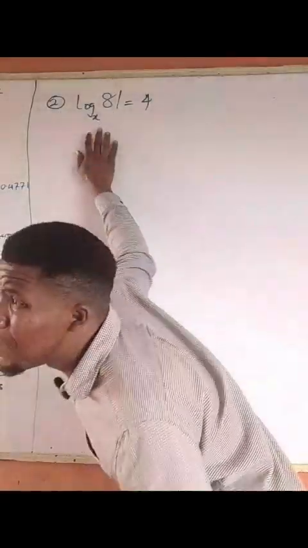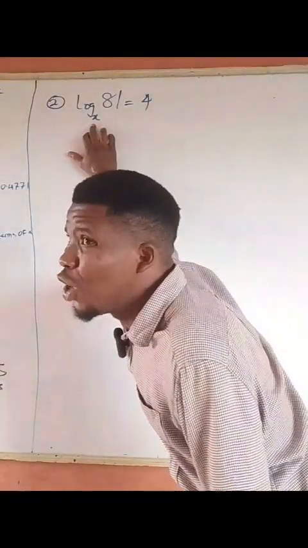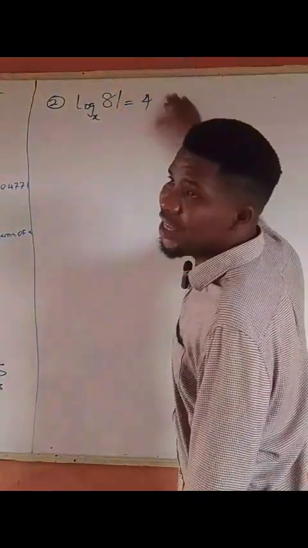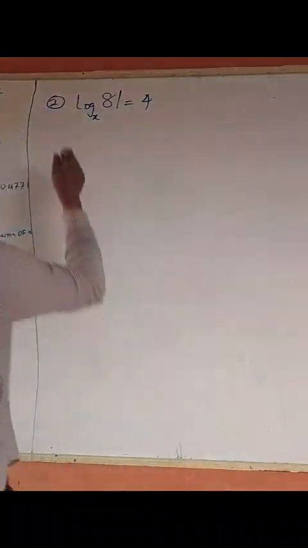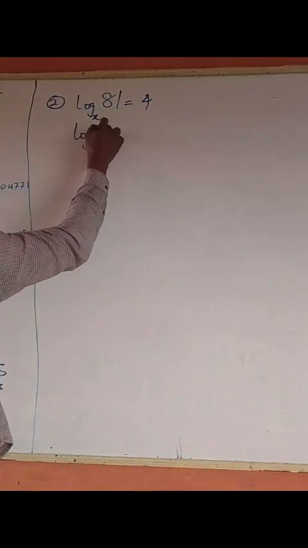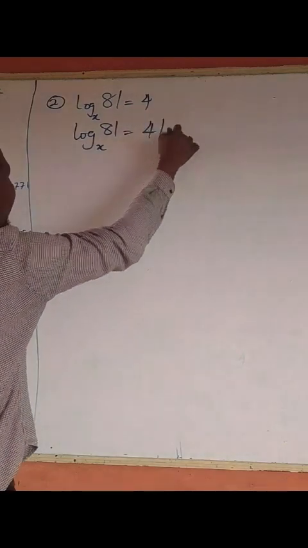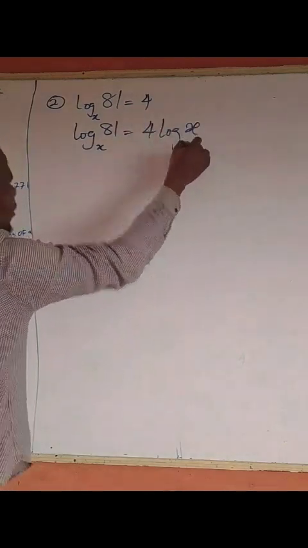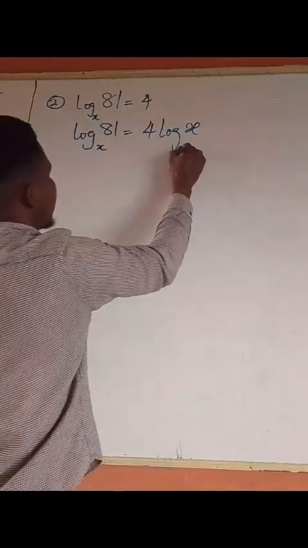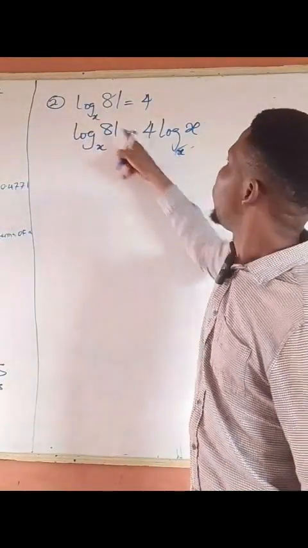So this is the first method. Whatever base we have here, whether it's 5, 10, bring it to this side. This is what I mean. I will say log 81 base x equals 4 log x to base x. So meaning if I have 3 here, what will I put here?